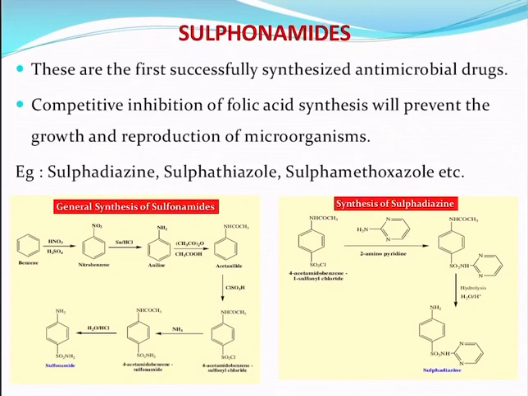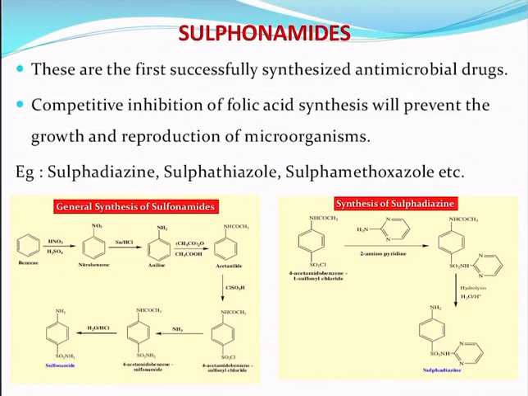Aniline upon treatment with hot concentrated sulfuric acid forms para-aminobenzene sulfonic acid, which on chlorination with phosphorus pentachloride gives para-aminobenzene sulfonyl chloride. This on amination with concentrated ammonia yields sulfanilamide. So, in this way we are going to prepare sulfanilamide.